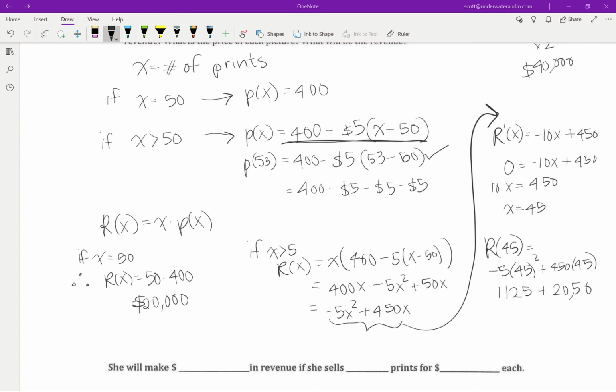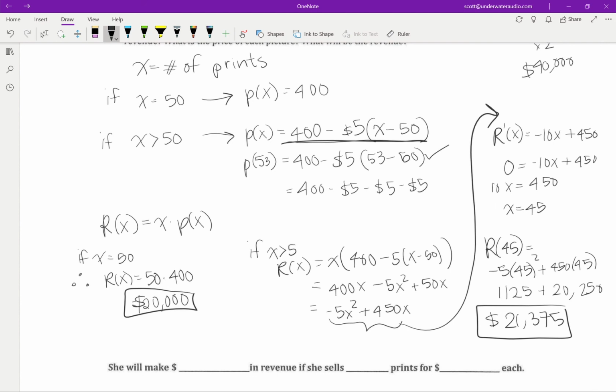And I will add that to -10,125. And in total I get 10,125... let me fix what's up here. So that's my revenue, which is certainly better than the $20,000 that I got if x equals 50.